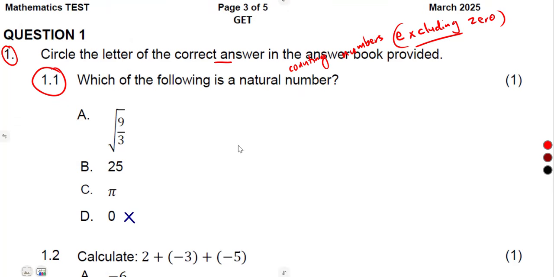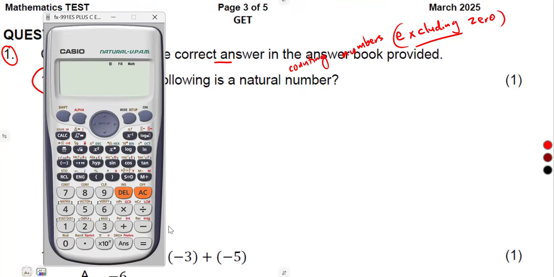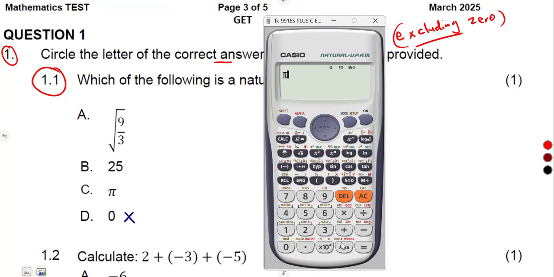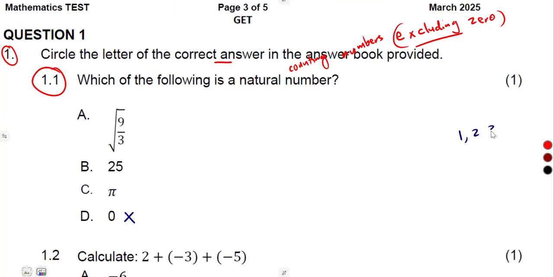All right. So we have pi. Pi is not a counting number. This is a decimal, 3 comma something. Pi is equal to 3,14, and so on. So that's not a natural number. We are talking about counting numbers 1, 2, 3, 4, 5, and so on. 25, that's a counting number.